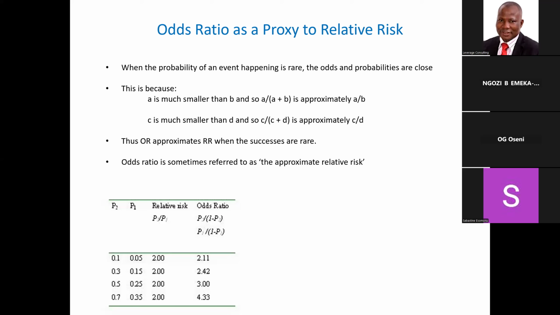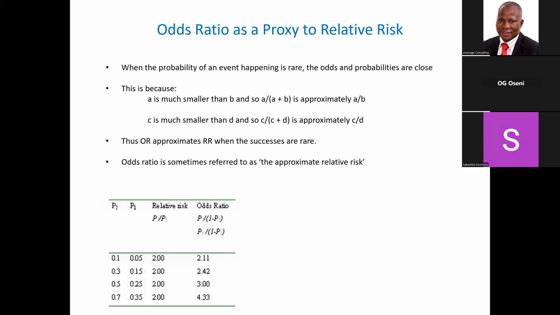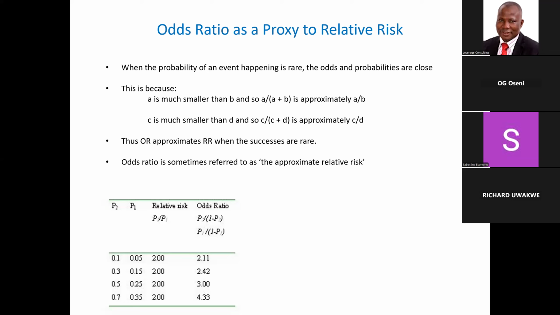Let's look at the prevalence when the prevalence of disease varies. In the first one it is 0.1 in population 2, 0.01 in the other one; 0.3, 0.15; 0.5, 0.25; 0.7, 0.35.